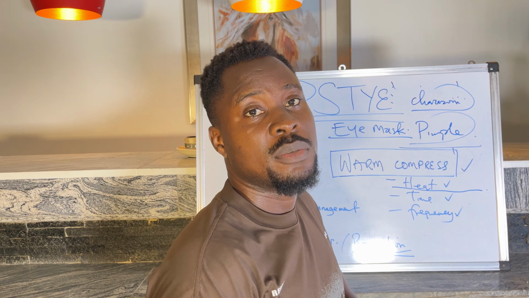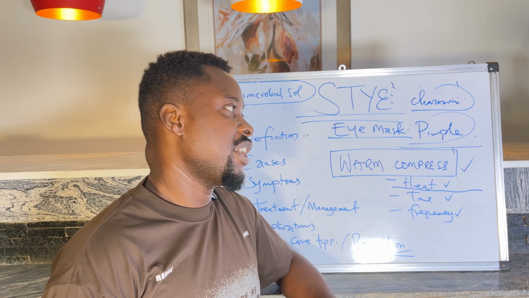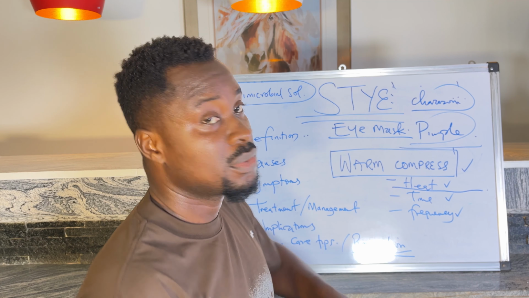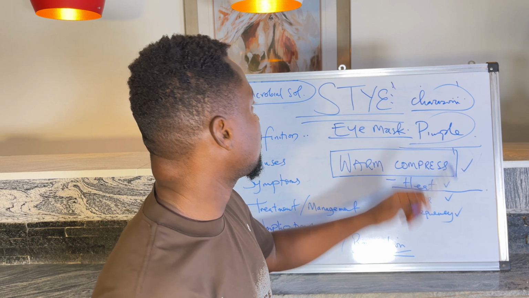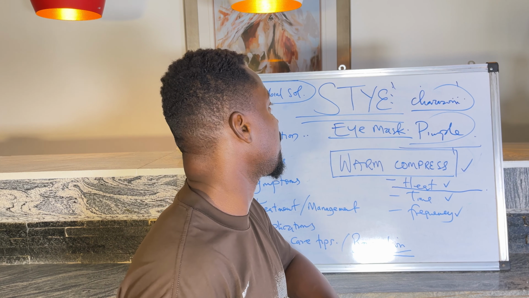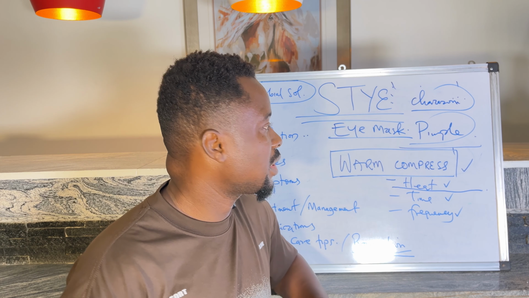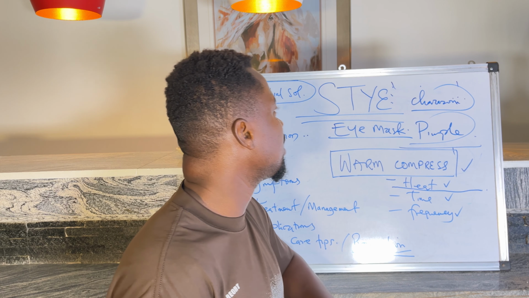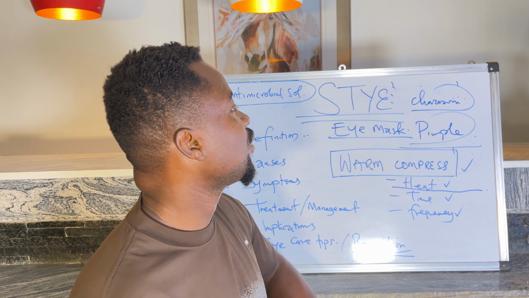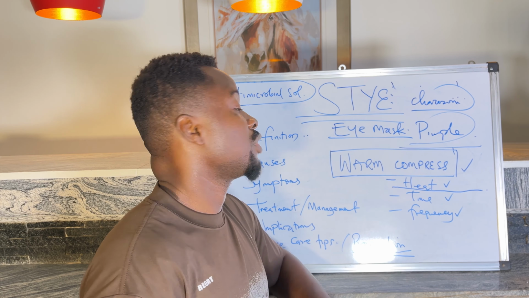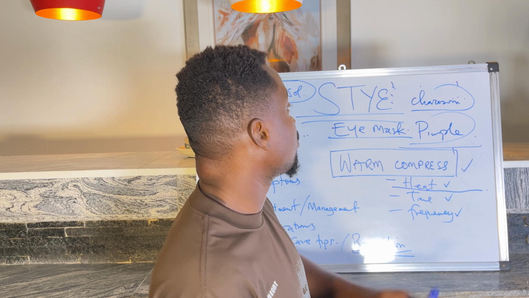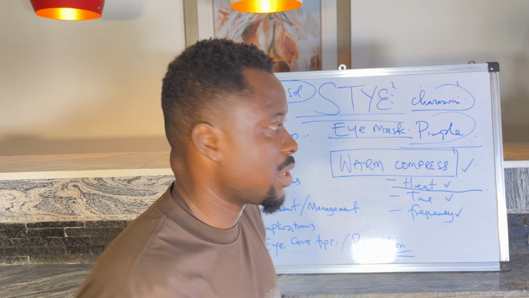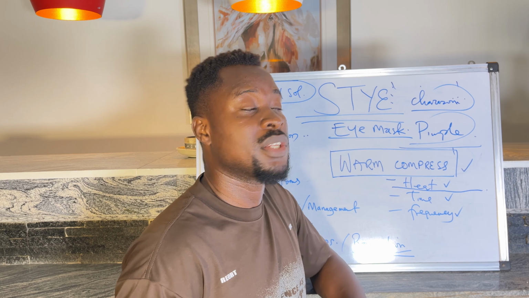So before we come to the eye health question of the day, it is also very important to let you know that ignoring stye or any form of infection around your eyelid can lead to something serious. So as soon as you notice anything that you don't understand on your eyelid, go to the nearest eye clinic in your location, consult your eye doctor for proper assessment, diagnosis, and treatment.